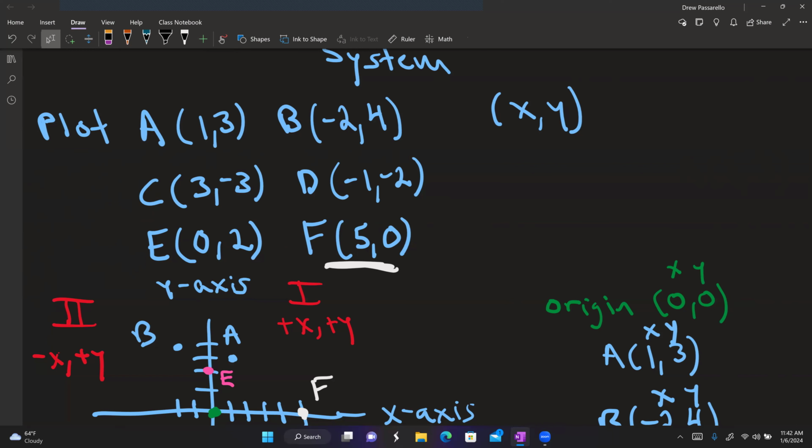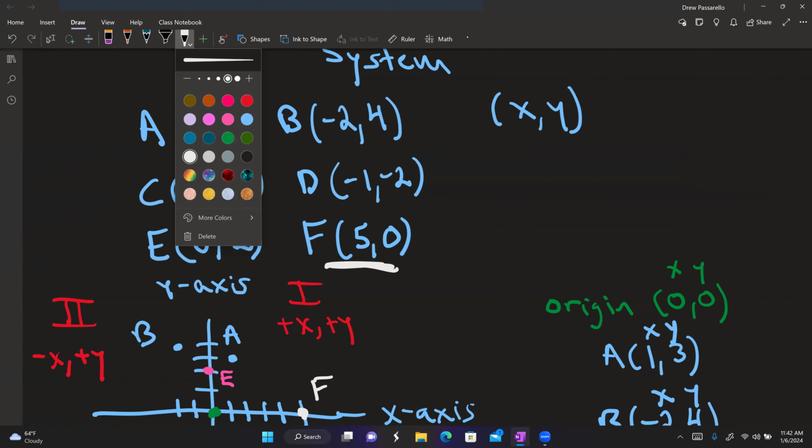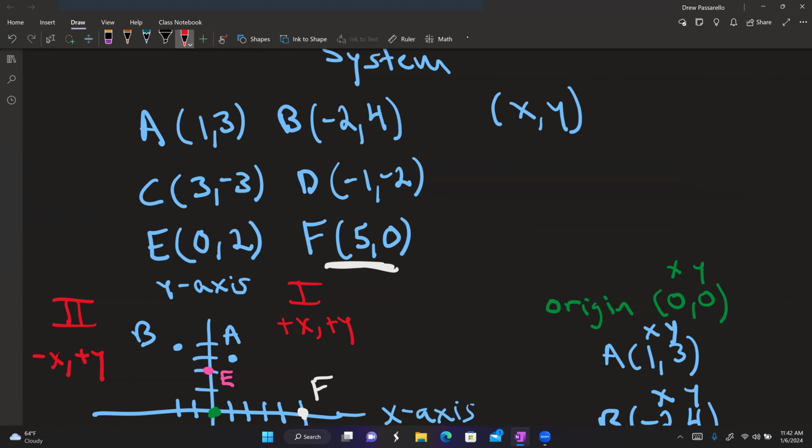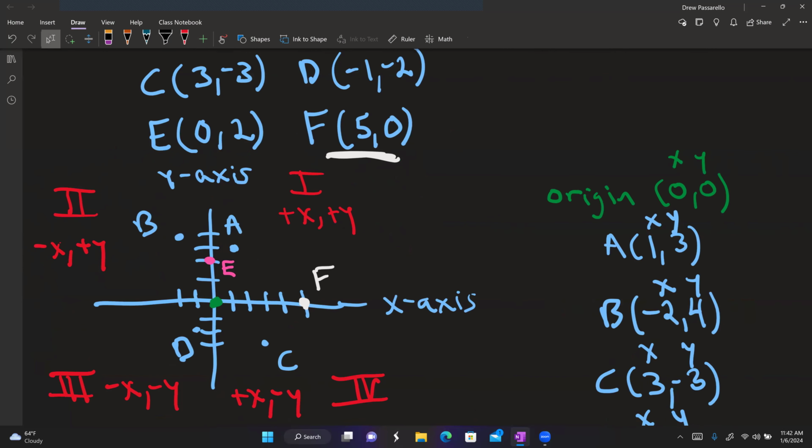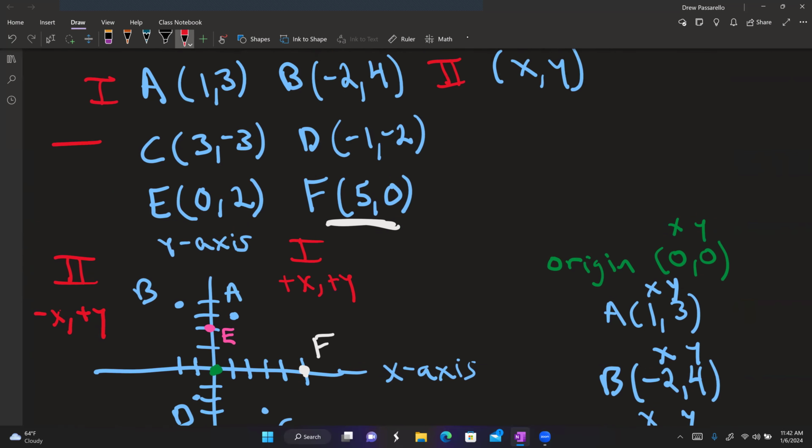So like point A, because X and Y are both positive, +1, +3, it lied in quadrant 1. And then point B had a -X, +Y, and that lied in quadrant 2. And then point C, let me scroll down, it is in quadrant 4 because it's +X, -Y. Again, that's the Roman numeral for 4.